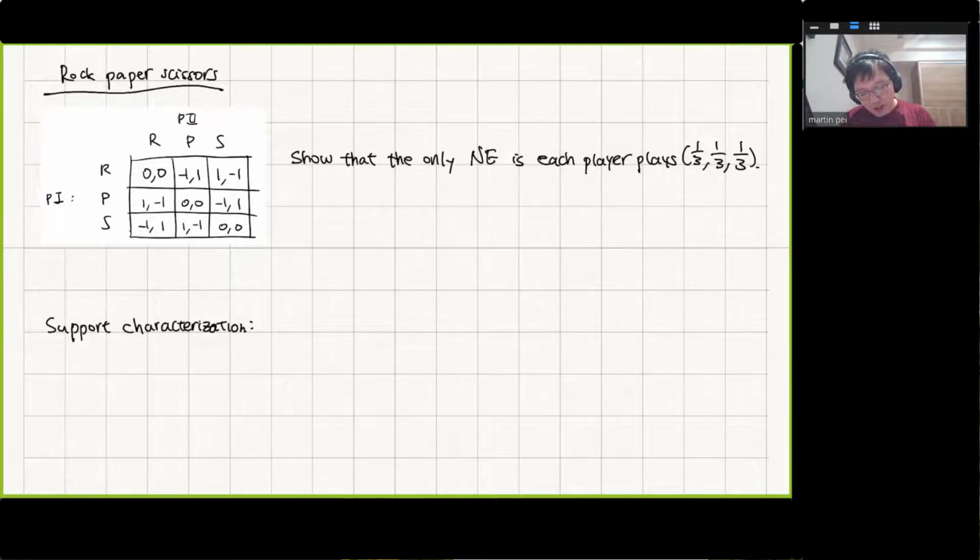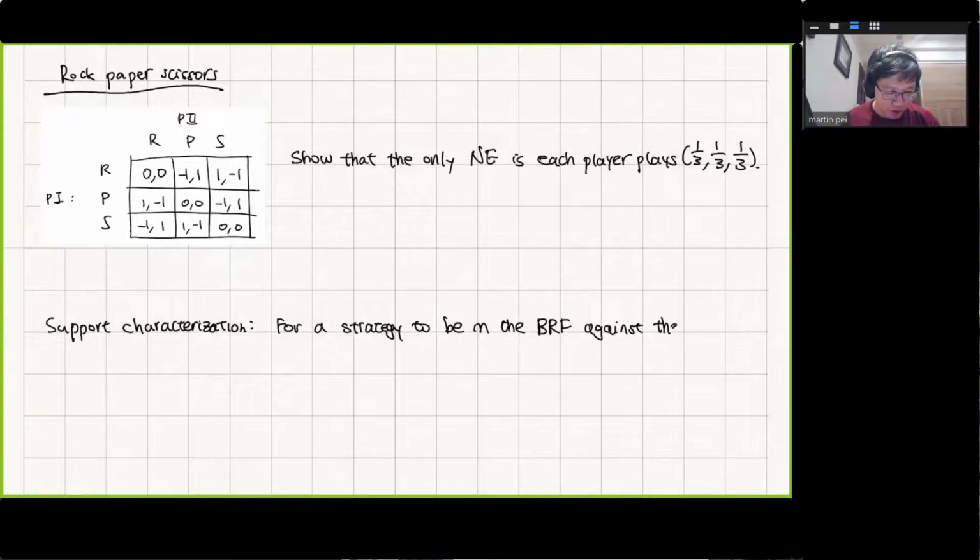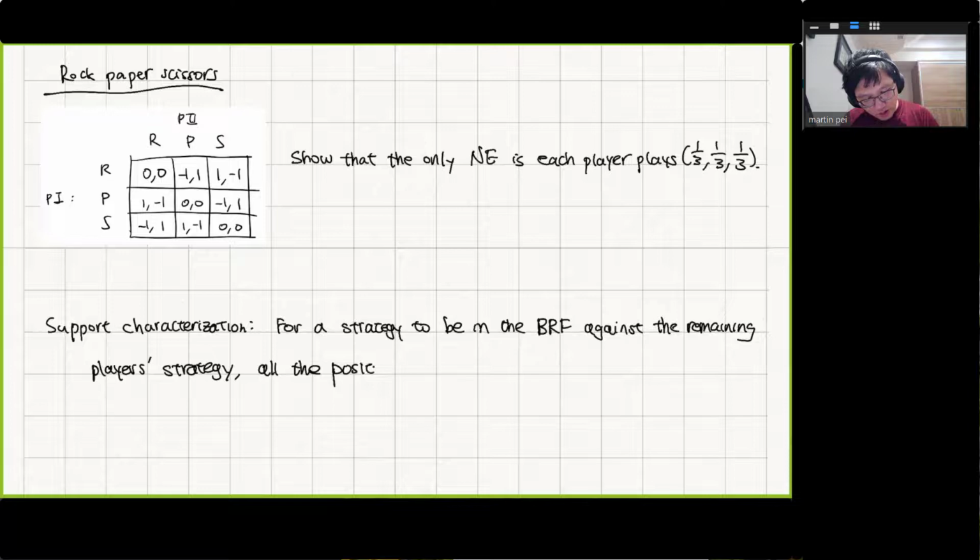And the idea is that for a strategy to be in the best response function against the remaining player's strategy, all the non-zero, all the positive probabilities must correspond to pure strategies that give the highest utility.